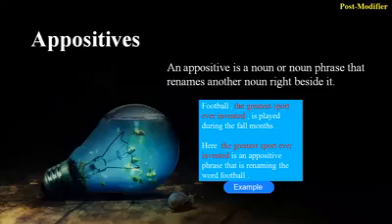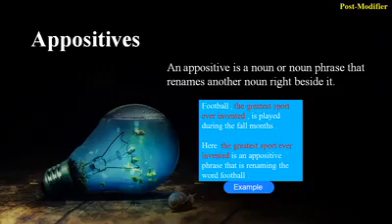Okay, number one, appositives. An appositive is a noun or noun phrase that renames another noun right beside it. An appositive gives additional information about a noun or renames another noun right beside it, or means side by side. Here's an example, it gives a clear idea.